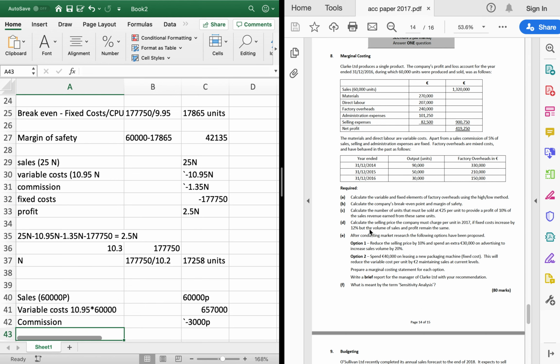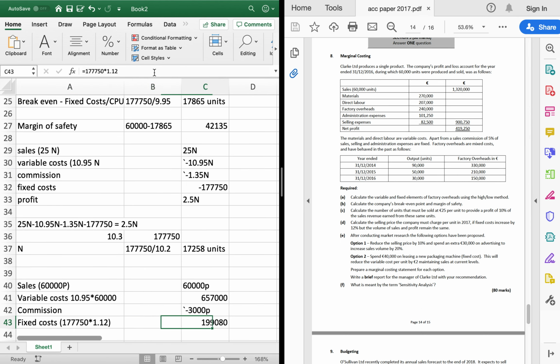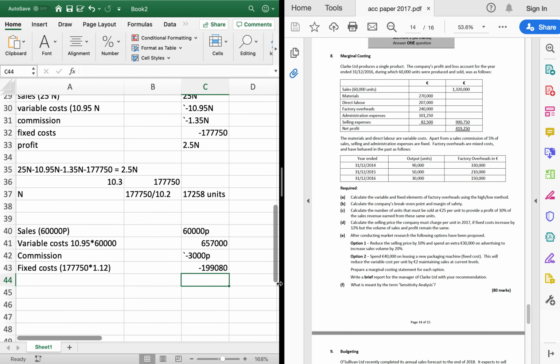Fixed costs are going up by 12%. So fixed costs are 177,750, and we're going up by 12%. So that's 199,080, and it tells us the profit is remaining the same.